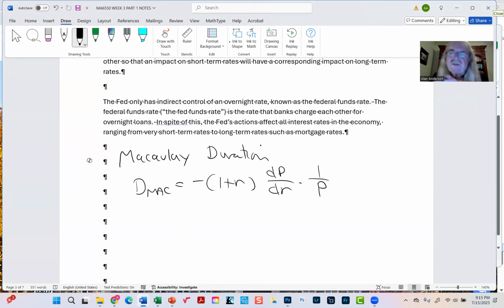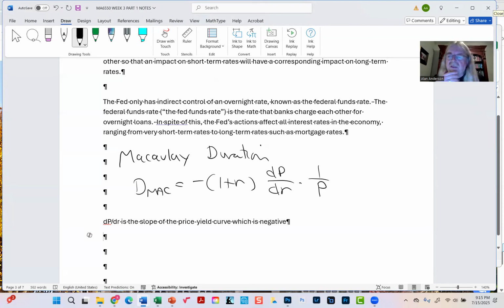Now, by the way, you'll notice there's a negative sign here. The reason it's there is because dP/dR is the slope of the price-yield curve. If you let R be the yield to maturity, then that's the slope of the price-yield curve, which we know is negative.